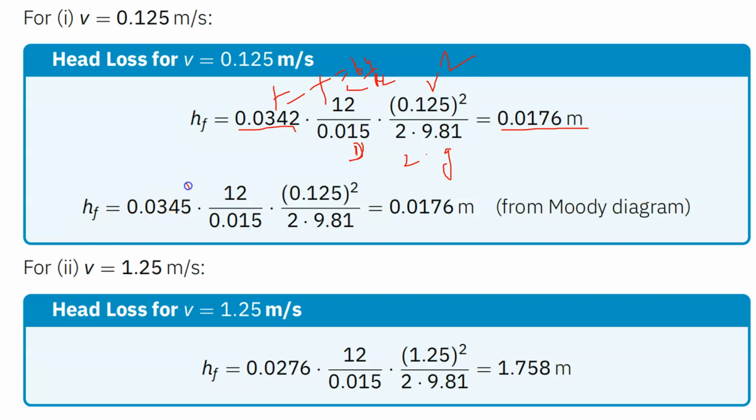Using the Moody diagram value, it is also 0.0176 meter. And when V is equal to 1.25, the head loss is again f L by D times V square by 2g, which is 1.758 meter. So that's it, I think.